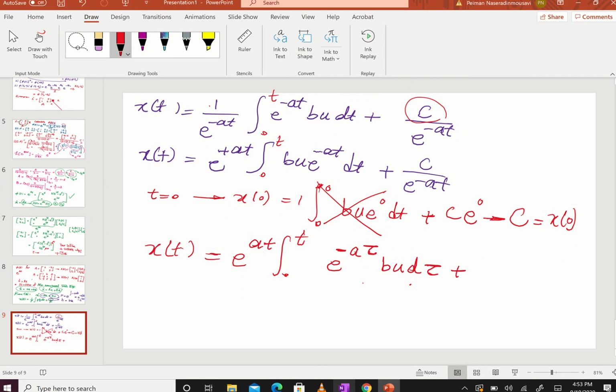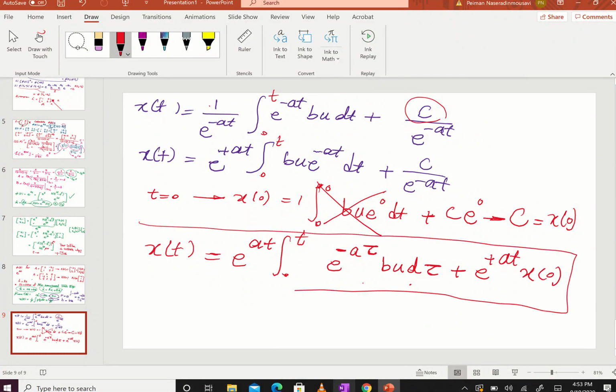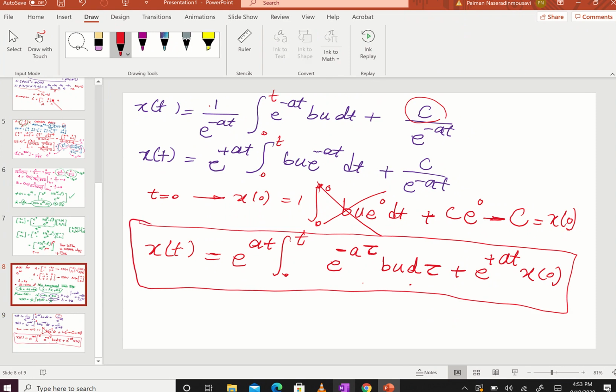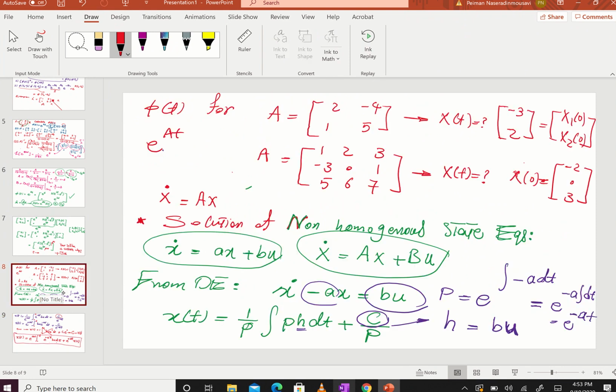Plus c e to the at, where c is the initial condition of your variable. Here we go. This is the general solution for this differential equation. Now we are using this to go to LTI systems where you have more than one variable, the state variables.